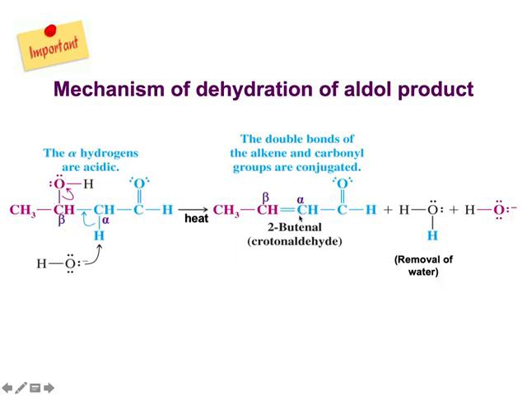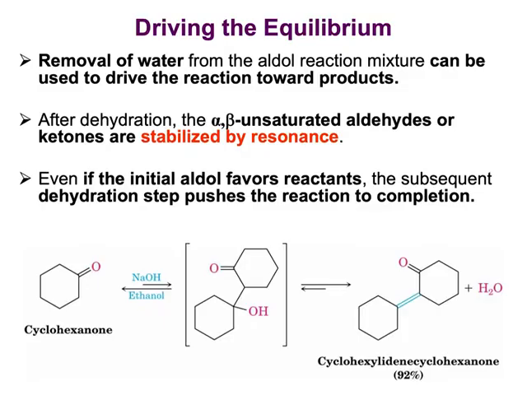We get the alkene and C double bond O, which we call alpha beta unsaturated. The side products are water and OH minus. This is the mechanism for dehydration. So what is the driving force for the equilibrium? The removal of water. In dehydration, water must be removed.